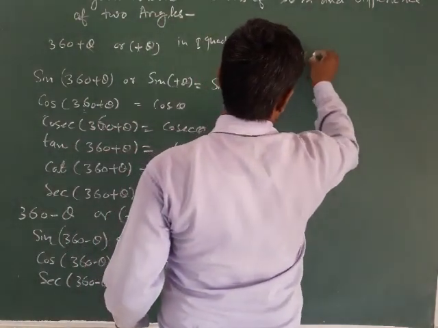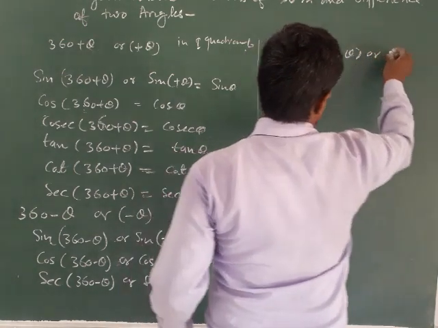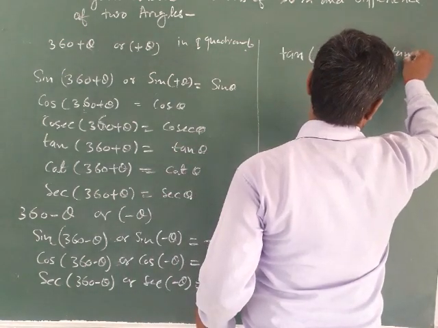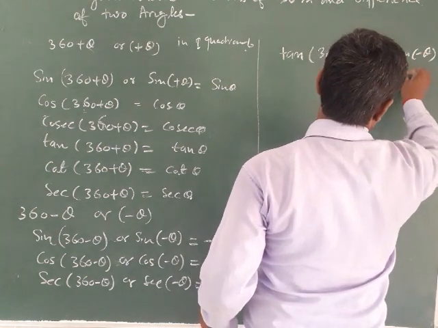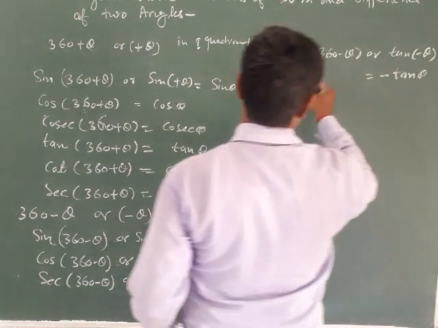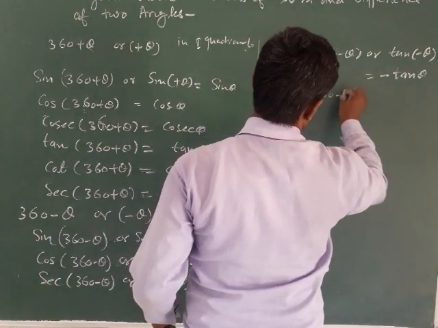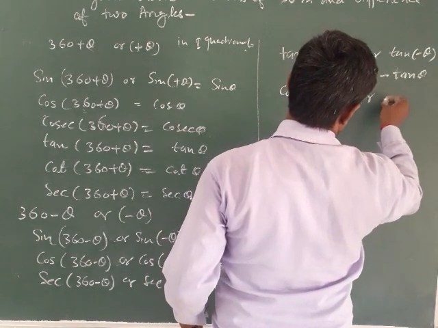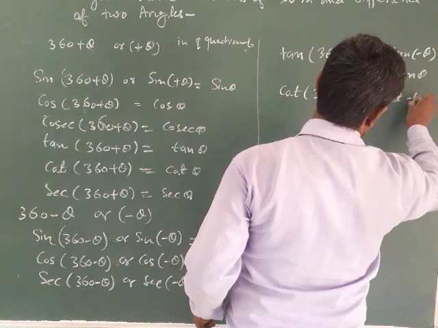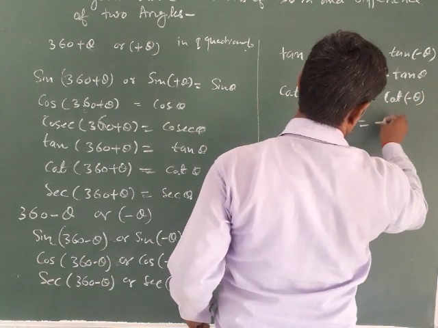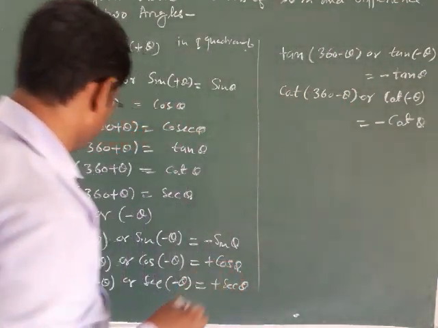Tan(360 minus theta), or tan minus theta, is equal to minus tan theta. And cot(360 minus theta), or cot minus theta, is equal to minus cot theta.